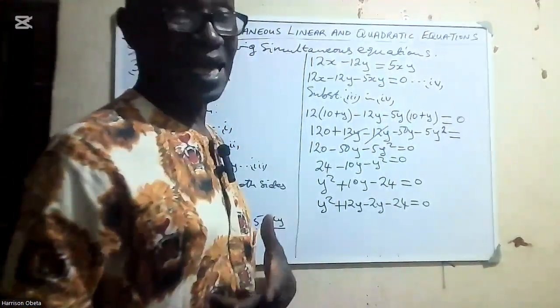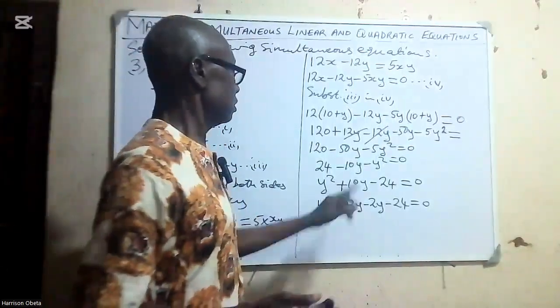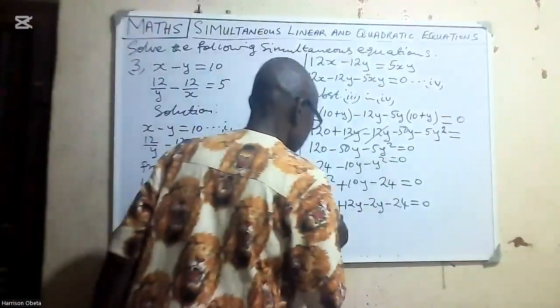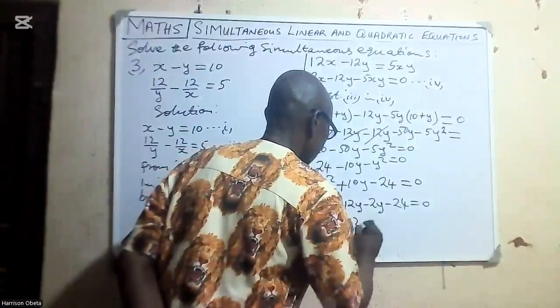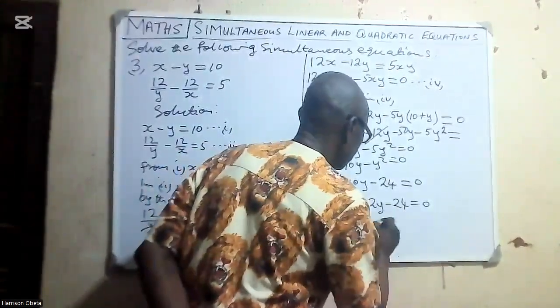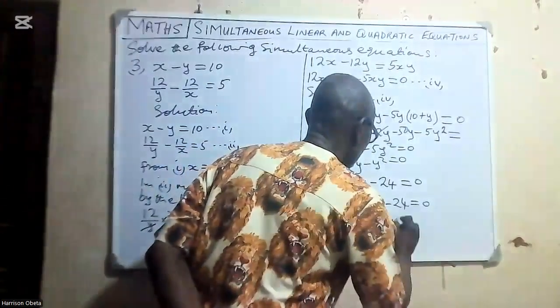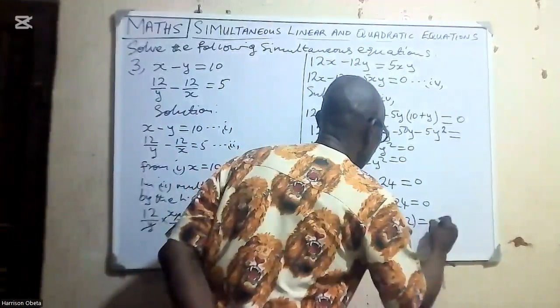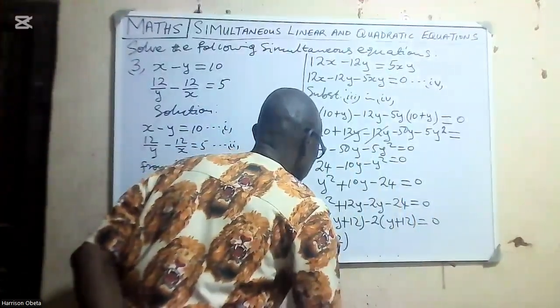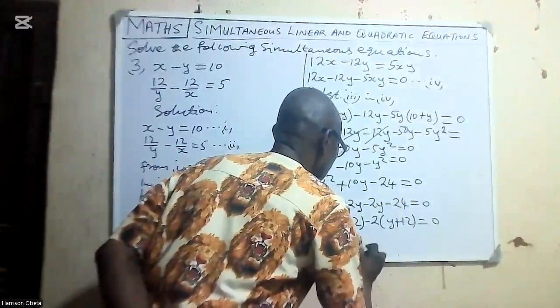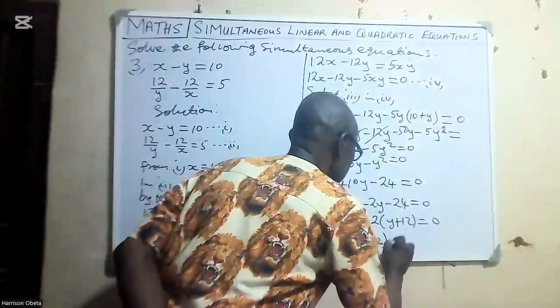And when you add, you are going to get positive 10. So factorizing, we have y plus 12, minus 2, y plus 12 equal to 0. And that shows that y minus 2 into y plus 12 equal to 0.